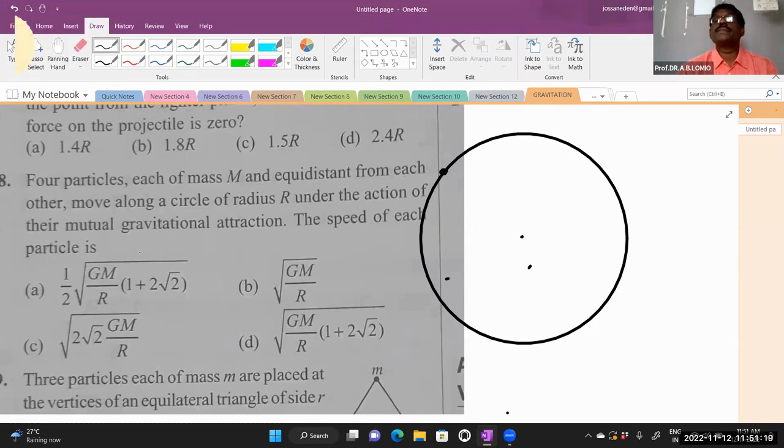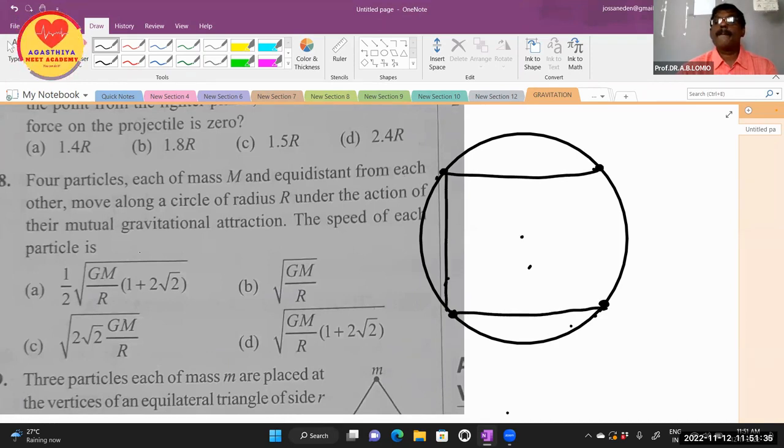Let us place the four masses like this, so that they are at equal distances like this. The radius is r.